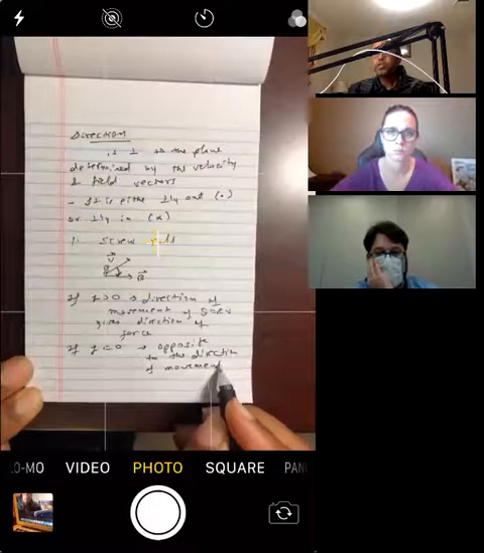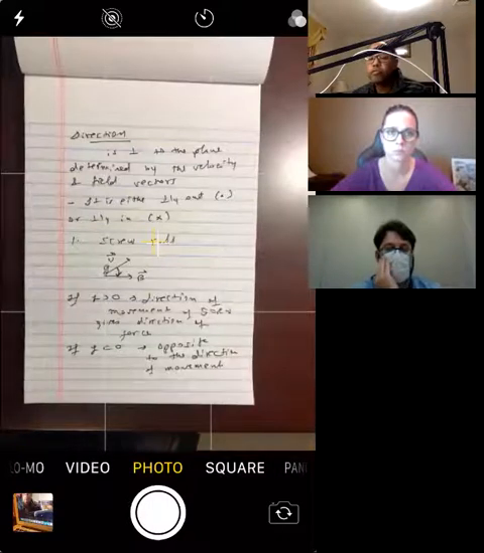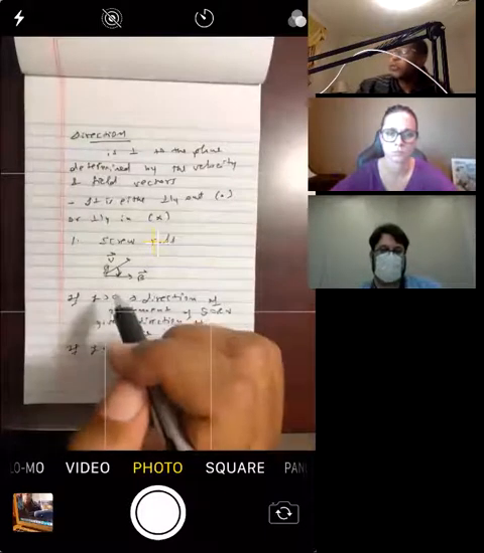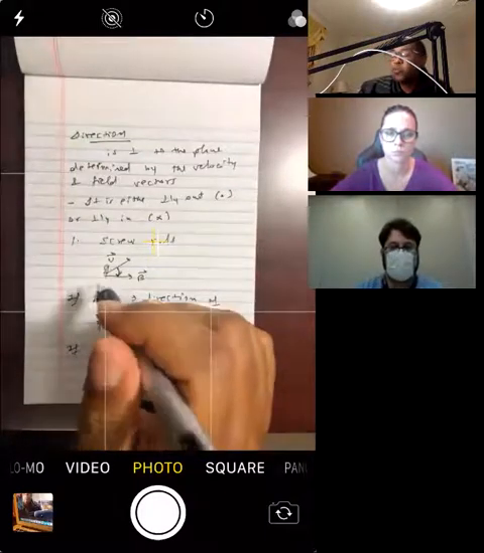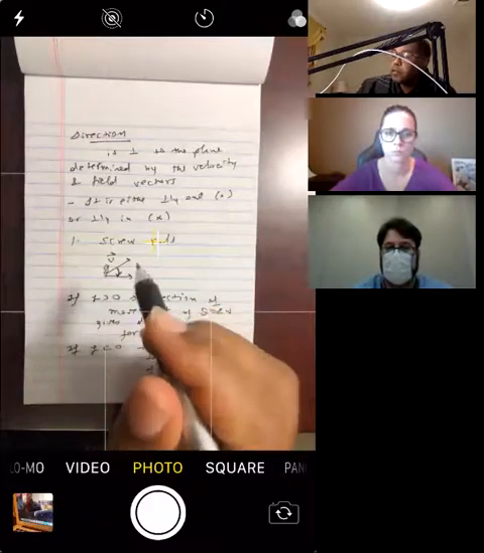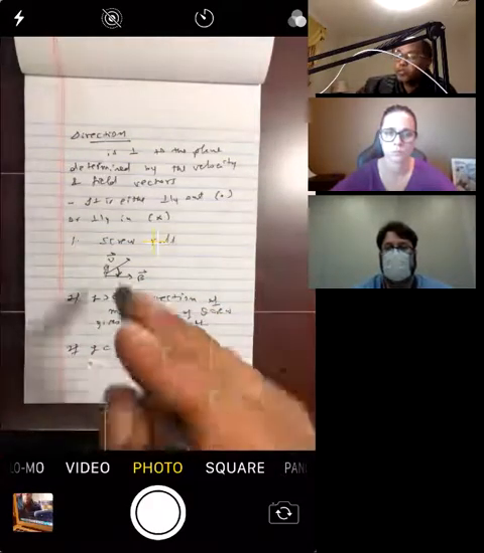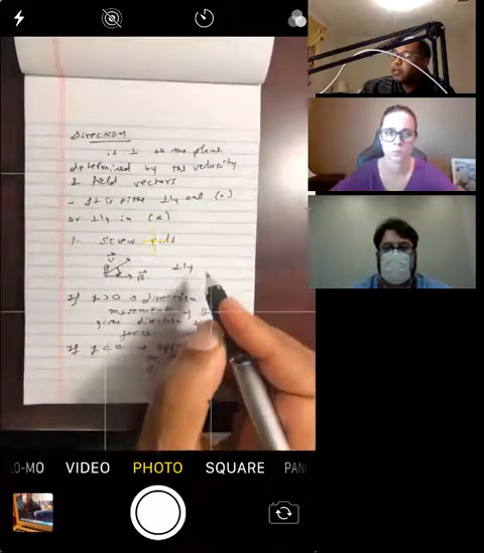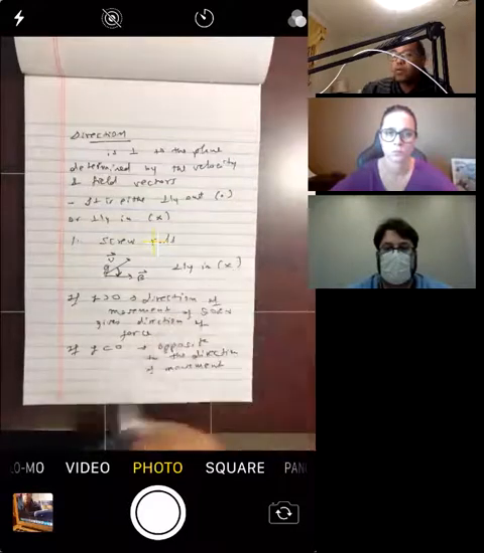Just remember, you rotate your screw from the velocity vector towards the field vector. So in this case, what do you think the direction would be? Would it be perpendicularly out or perpendicularly in? In, because this is clockwise. If you turn the screw clockwise, it goes in. So in this case, it will be perpendicularly in, or a cross.